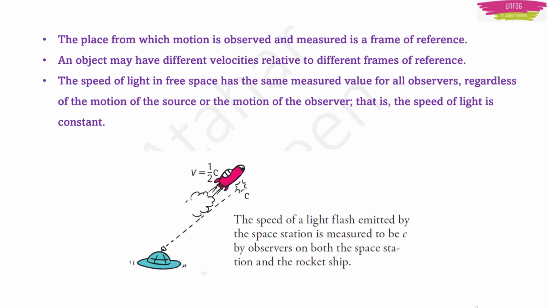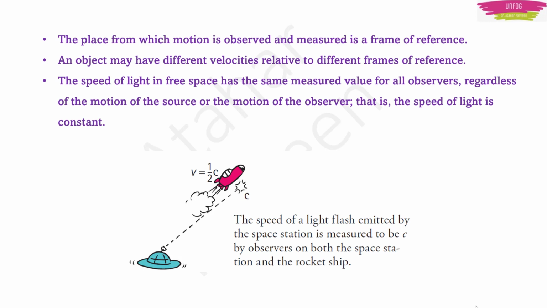So the speed of light is always constant. For example, think light is flashed by some space station. Now that light is measured to be the speed of light, c. This is measured by the observer on both the space station and the rocket ship. You can see the rocket ship here, right?